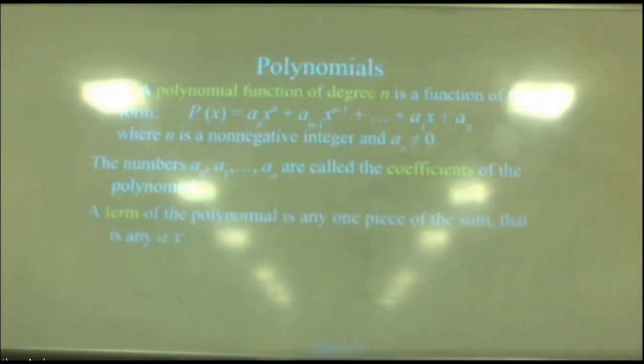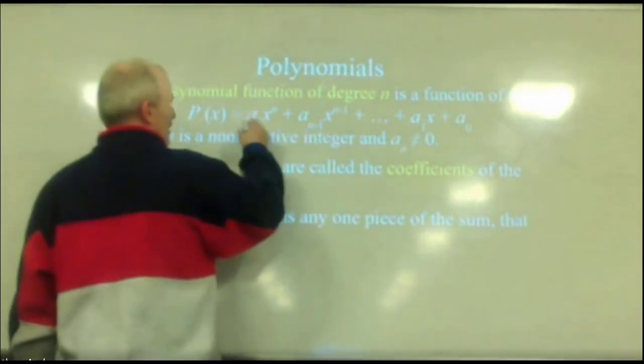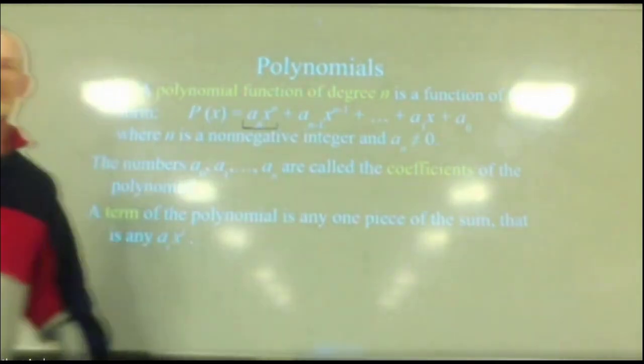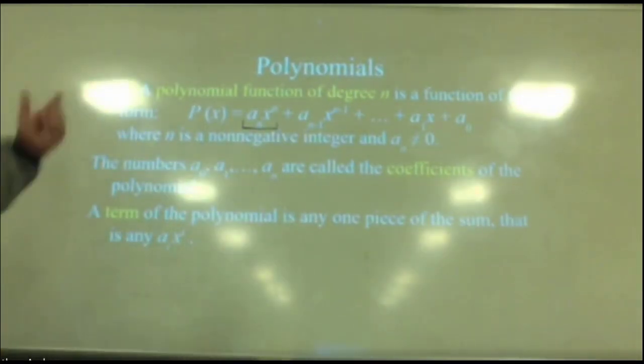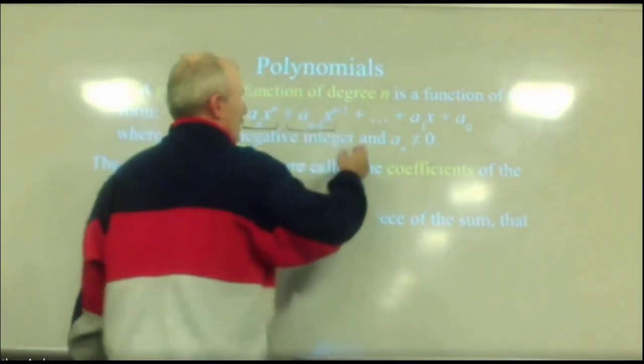Okay. Each term of the polynomial is any one piece of the sum that has a number in front of it, an a value, a sub i they call it, and then x to the i. The i's just mean it has a power and it has a number. Okay, so here's what that's going to look like. This piece right here, remember how I called them pieces when I was talking about the line? That piece is a term. This piece is another term.